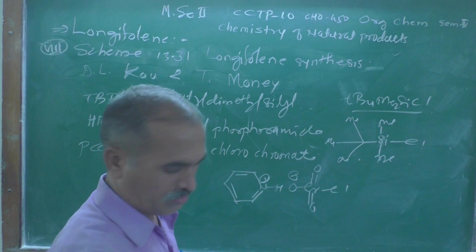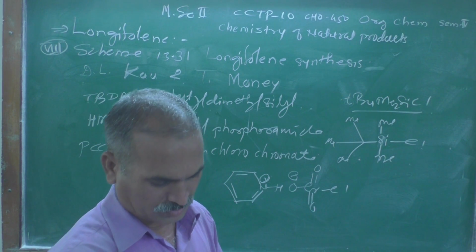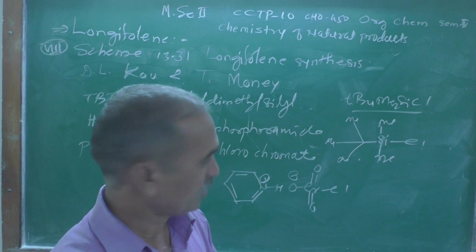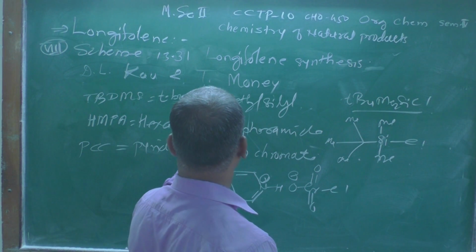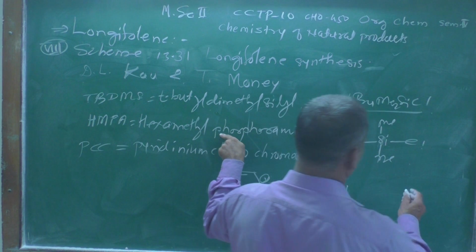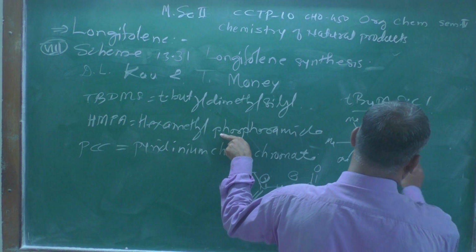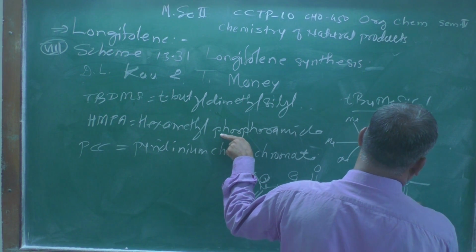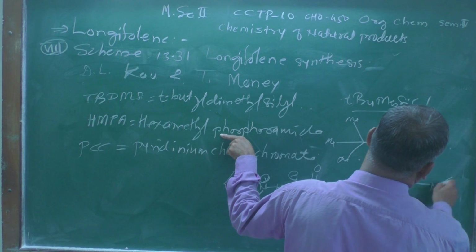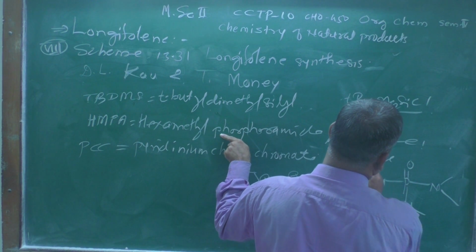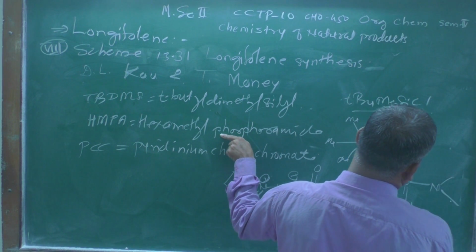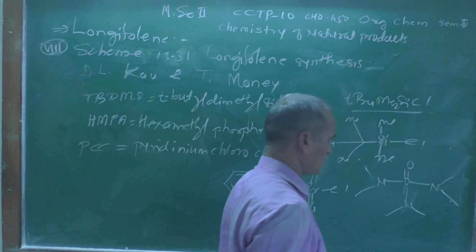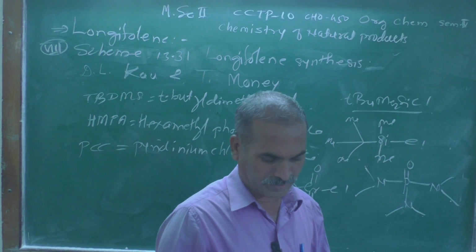This is the structure of pyridinium chlorochromate. And the structure of hexamethyl phosphoramide will be this one, P double bond O, then N(CH3)2 three times. Hexamethyl means there are 6 methyl groups, 1, 2, 3, 4, 5, 6, and that's why hexamethyl phosphoramide.